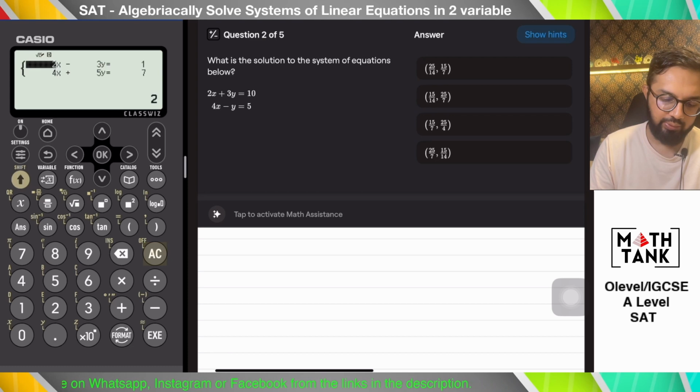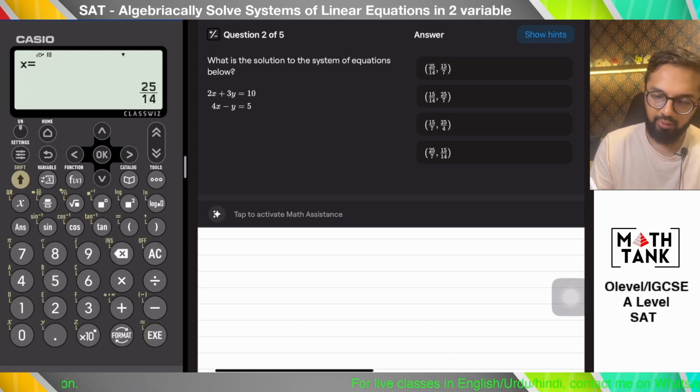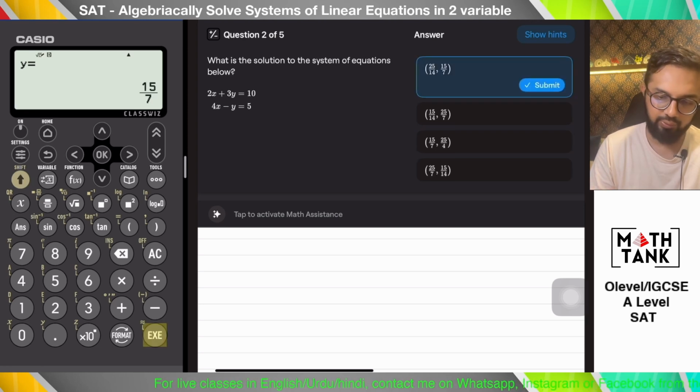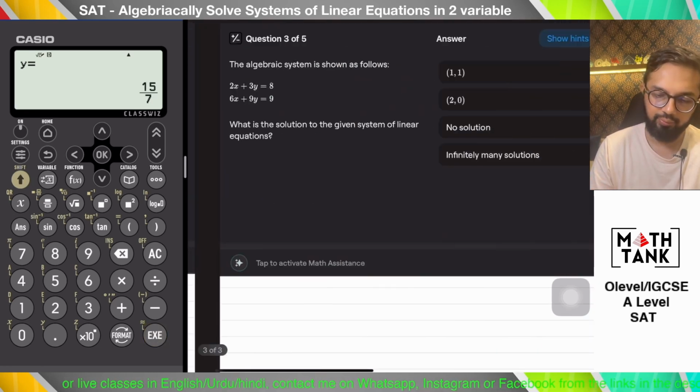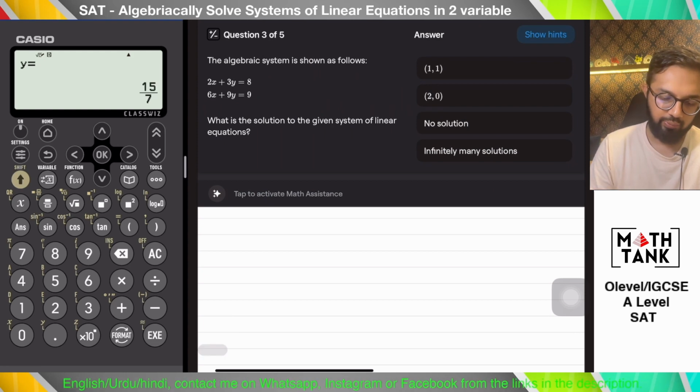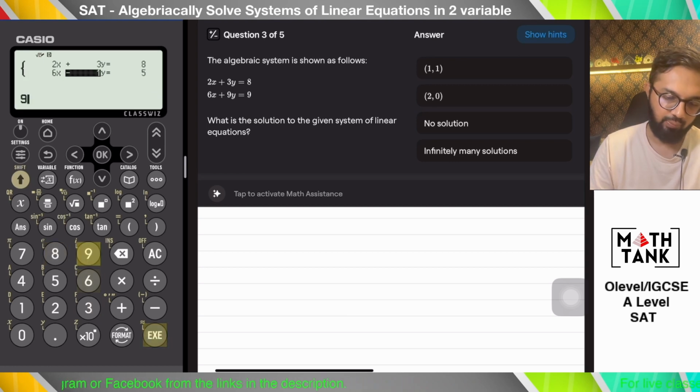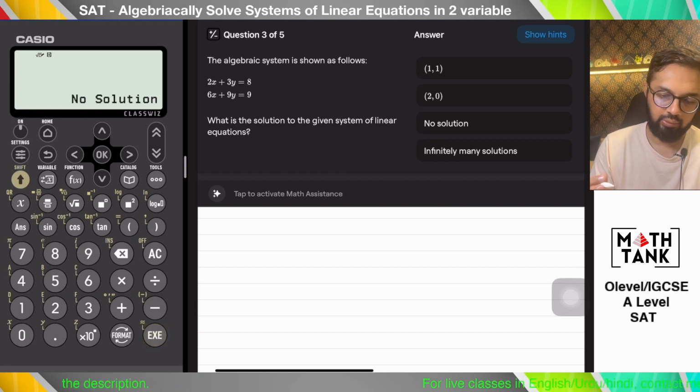Solve this as well. 2, 3, 10, 4, minus 1, 5. 25 over 14 and 15 over 7, I think. Yep. Okay. 8. No solution.